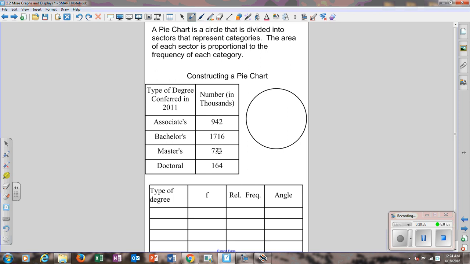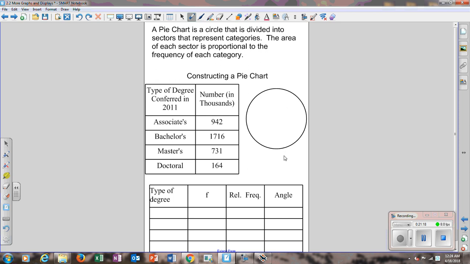So we're going to do 942 plus 1716 plus 731 plus 164. That gives us a total of 2553. Okay? So if it's 2553, then now we have to figure out basically what type of degree it is, which would just be associates, bachelor's, master's, doctoral.